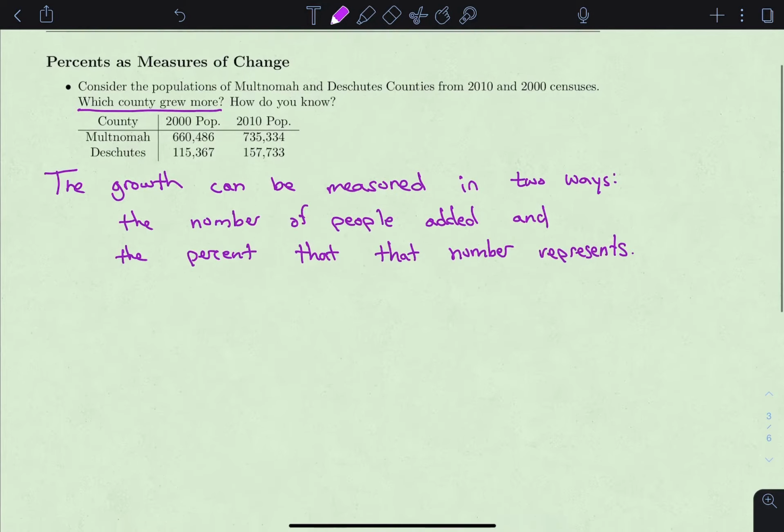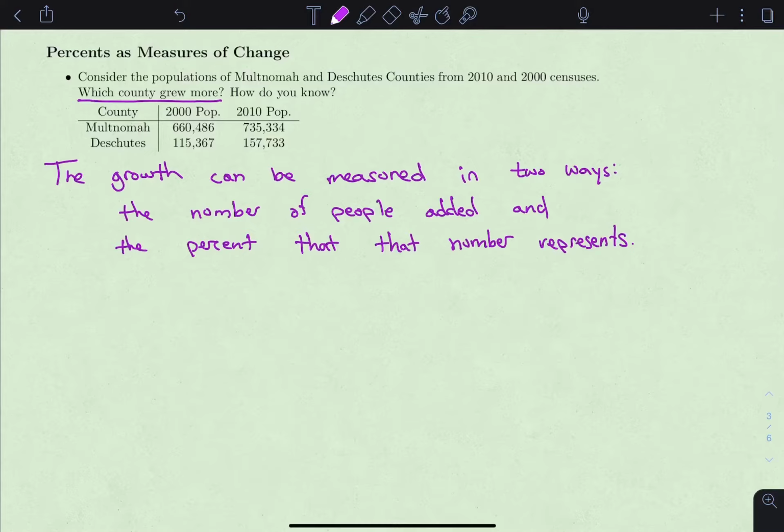So let's first measure the growth in number of people. Number of people, Multnomah County grew by, and what we'll do is we'll take the final number and we'll subtract from it the original number.